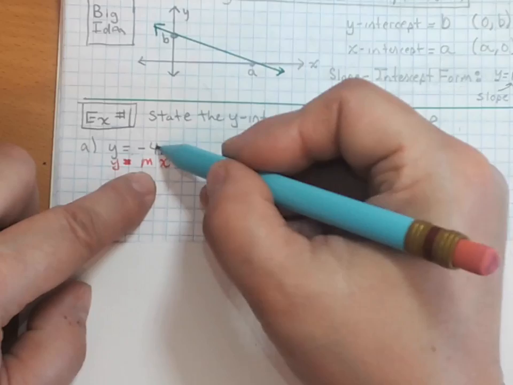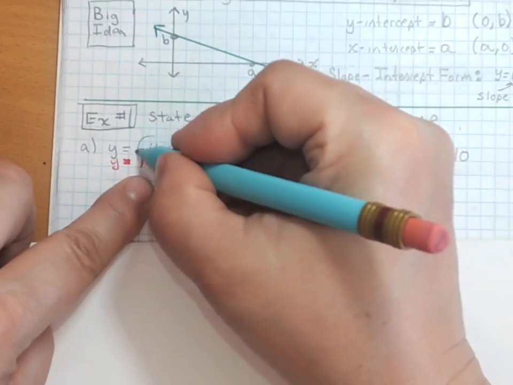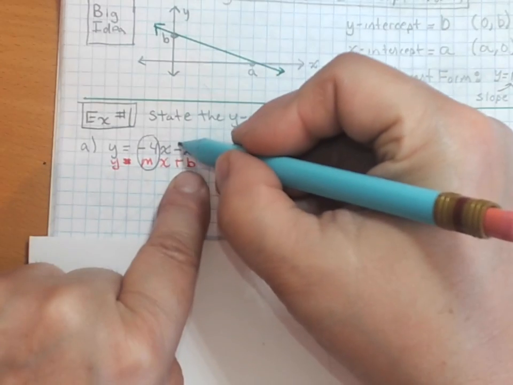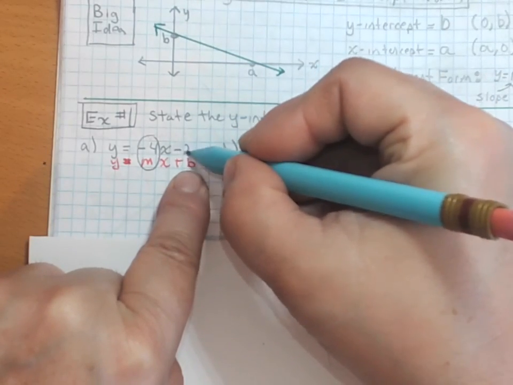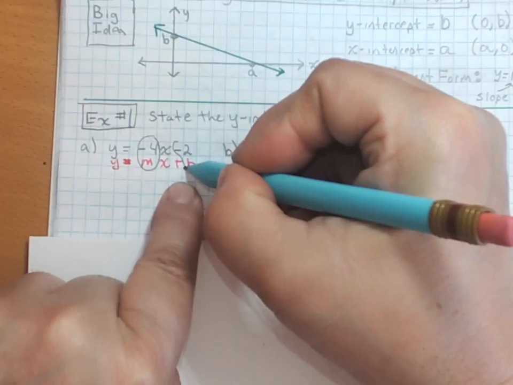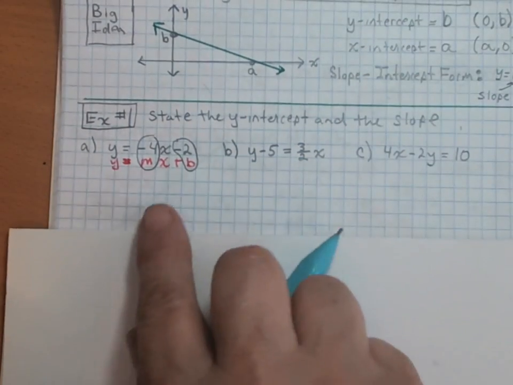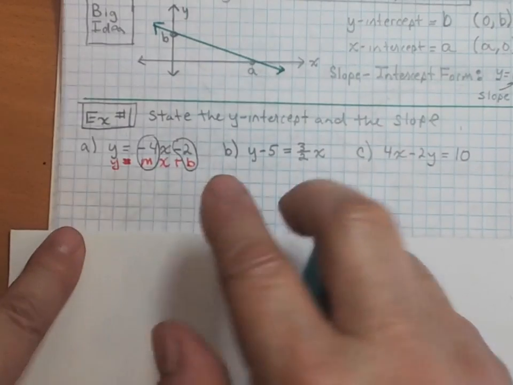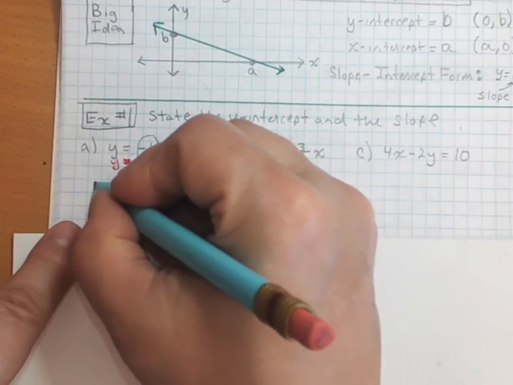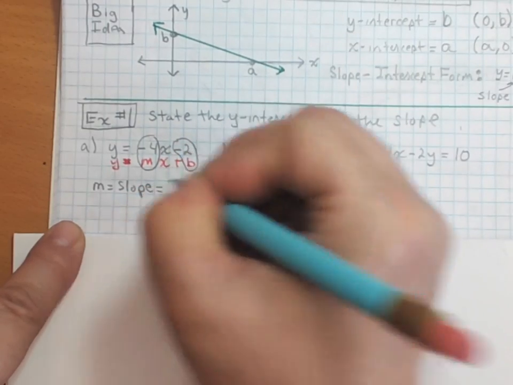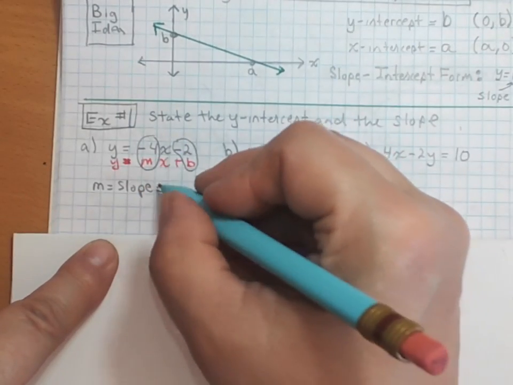Notice that we have the variables x and y lined up, and right where the m is, there's this number -4. So let me circle those, pair them up. And here where the b is, I have this number -2. So let me pair that up. Remember, make sure you include a negative sign if you see it to the left of a number. And so that means m, which is your slope, is going to be -4.